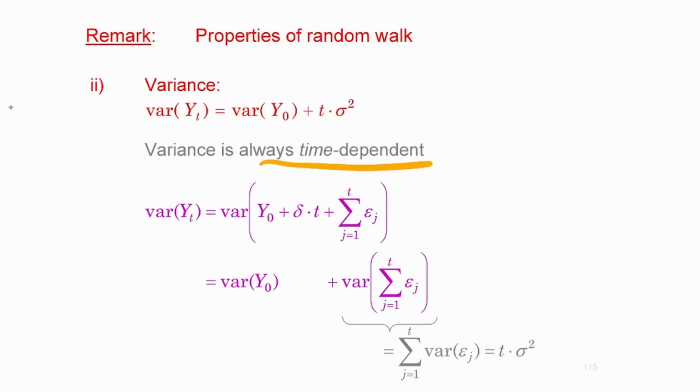Now, this is not just time dependent, but if you assume the starting value to be equal to a constant almost surely, then you can also say that the variance of the process is directly proportionate to time. So as time increases, so does the variance. That's why you see that type of tendency.